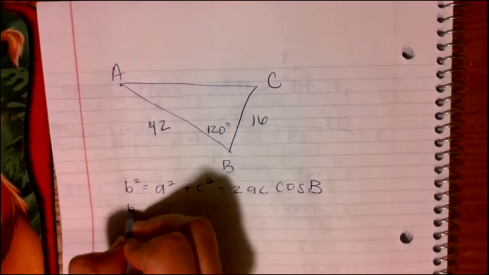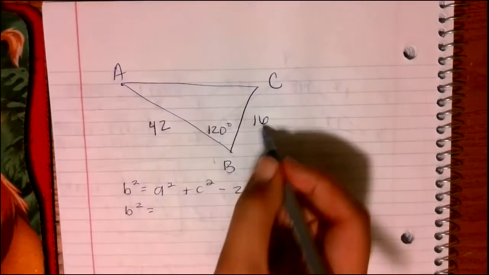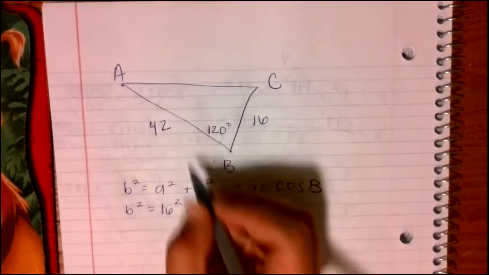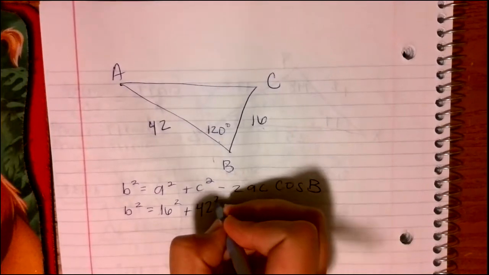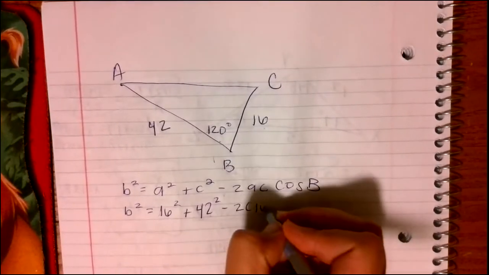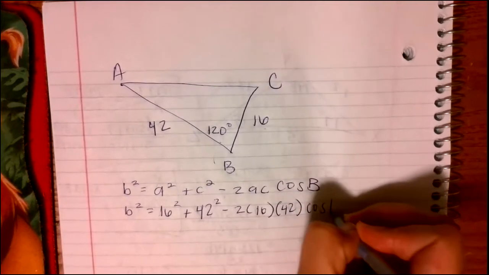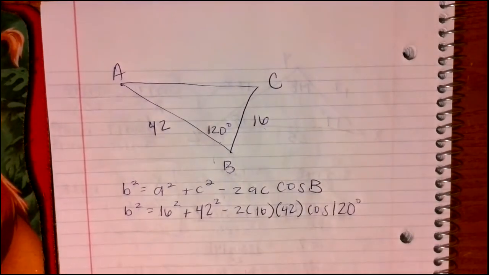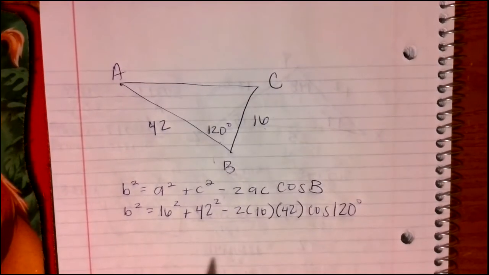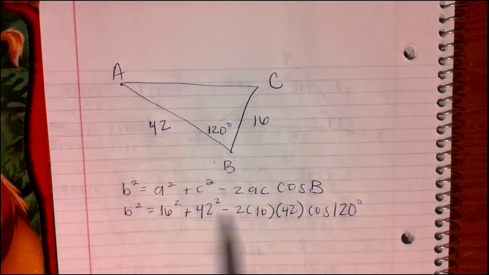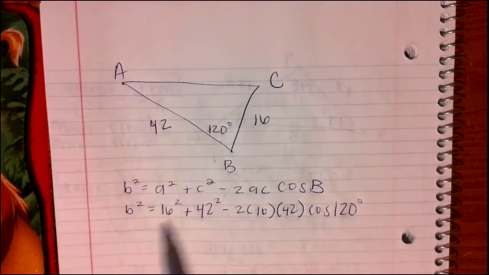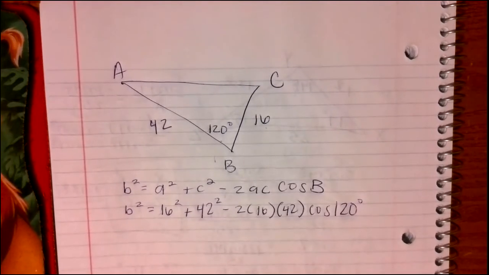So I don't know B, but I know that side A is 16, side C is 42. And again, I know A and C. I also know angle B. So for side B, I'll be able to type in this whole thing, that's B squared, and then I'll want to square root it to get my answer.